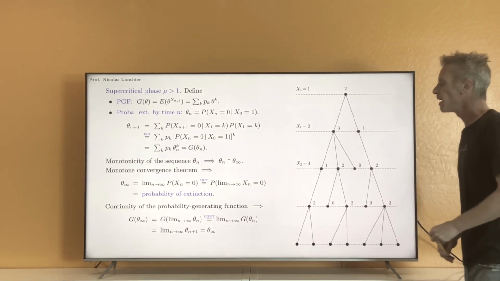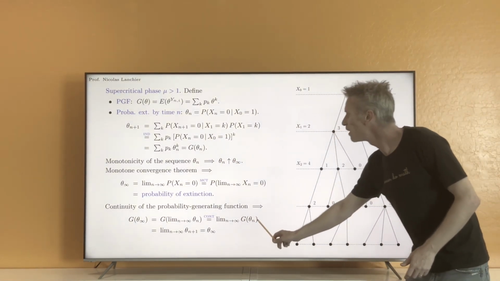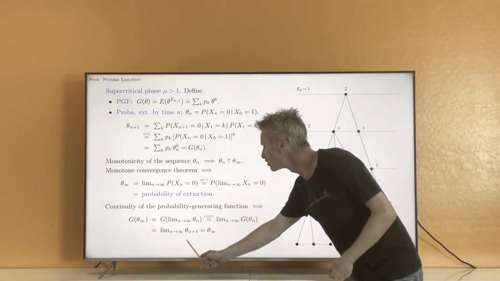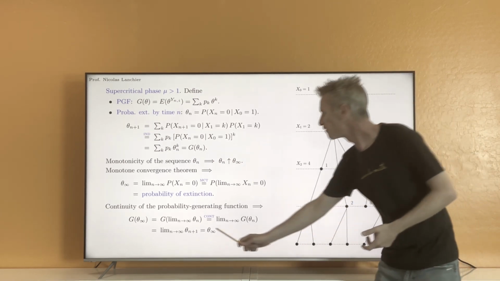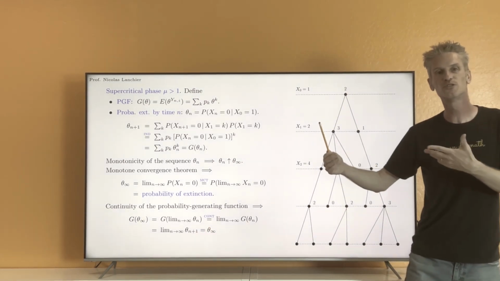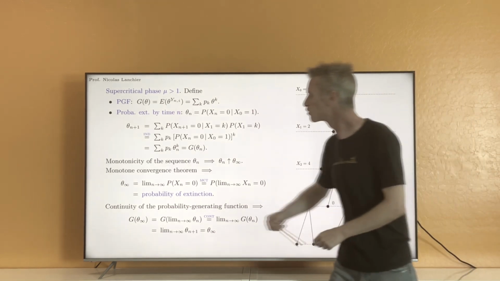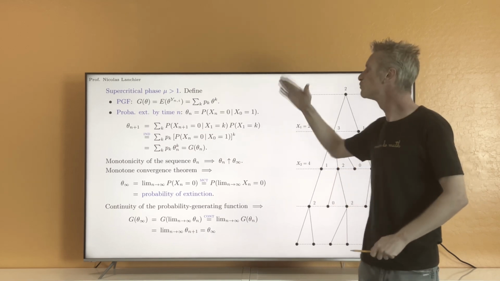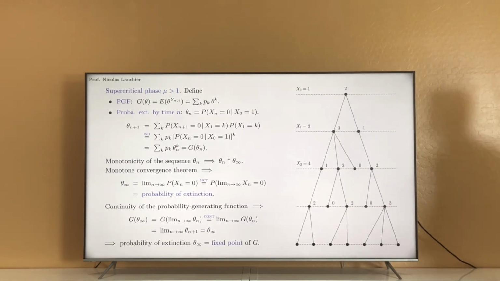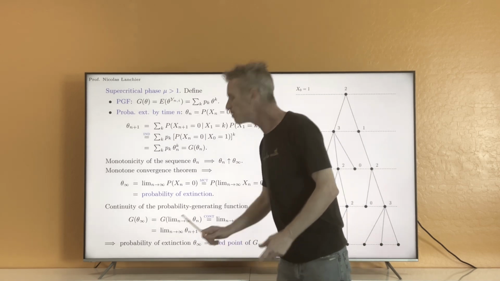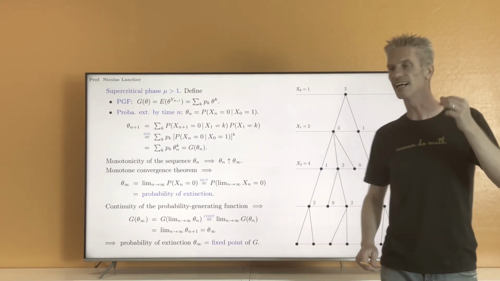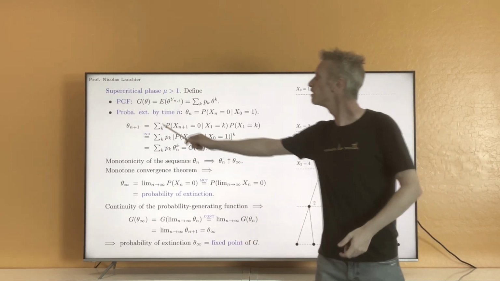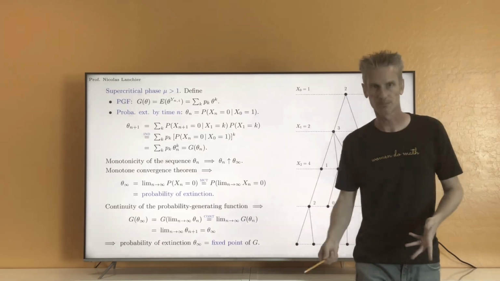But we proved that g of theta n is also theta n plus 1. So this is also the limit when n goes to infinity of theta n plus 1, which again is equal to theta infinity. So the conclusion is that g of theta infinity is equal to theta infinity. What we proved so far is that the probability of extinction of a Galton-Watson branching process must be a fixed point of this probability generating function.